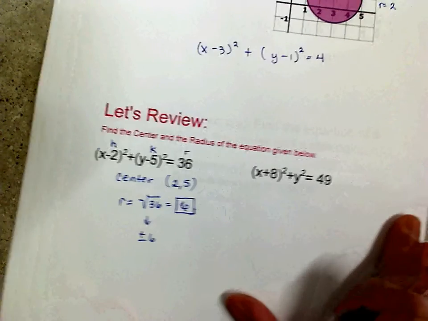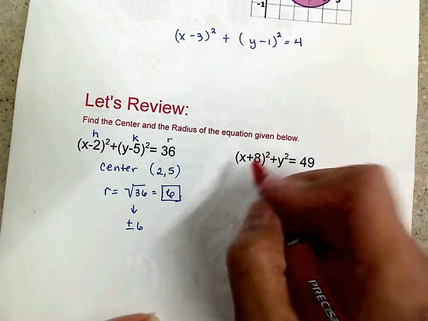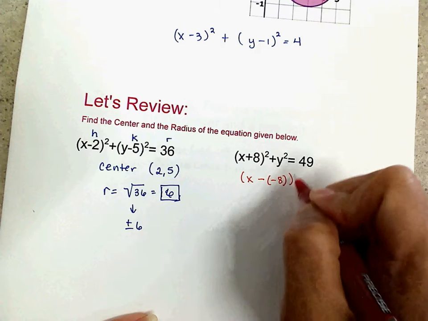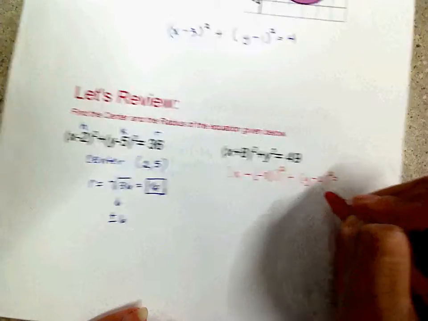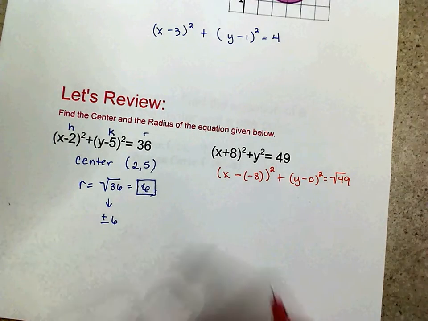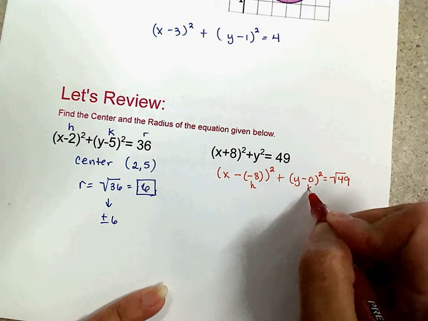Let's review another example. Now, I'm going to write this one so you can see a little bit better, okay? X minus negative 8 square plus y minus 0 square is equal to square root of 49. All right. Notice your h here is a negative. Your k here is a 0.